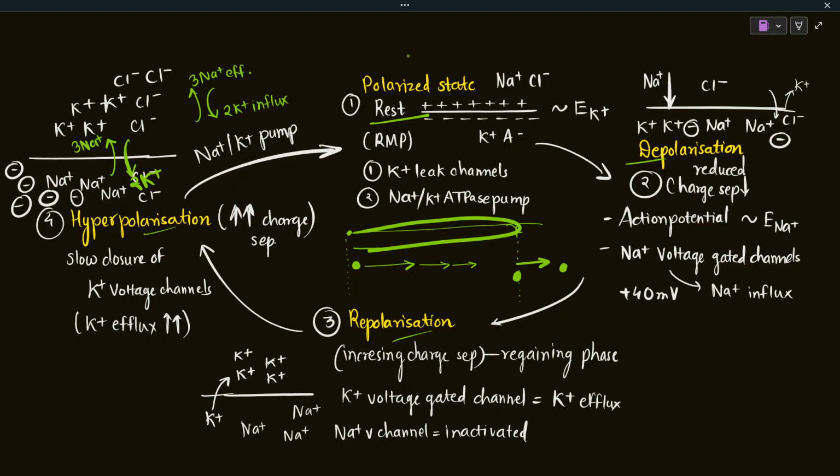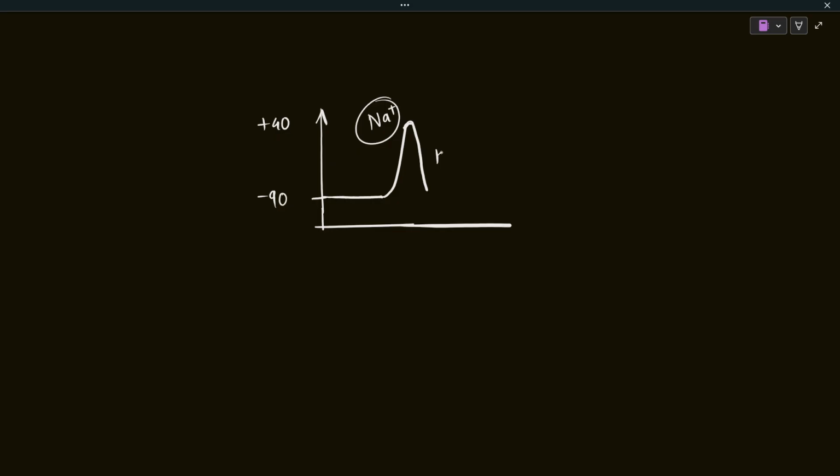But it has momentum. The sodium ion channels open suddenly, and that is why there is a sudden spike. But the potassium ion channels are very slow in opening and closing, and that is why the membrane potential goes somewhat down, which is what we call hyperpolarization.